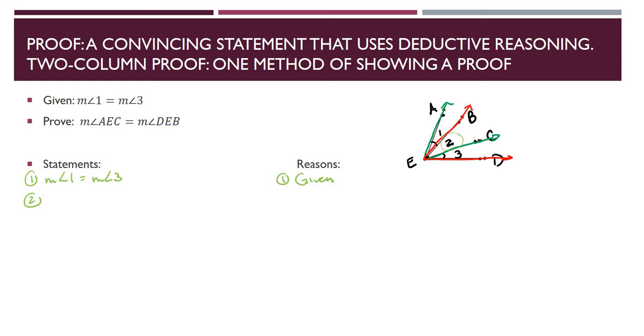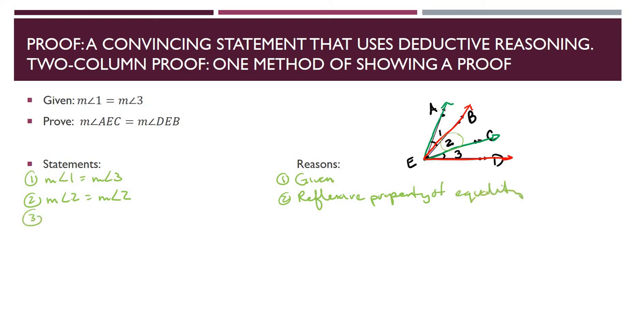So I'm adding 2 to both of those angles. I'm going to make use of that. So I'm going to say that the measure of angle 2 equals the measure of angle 2. And what's the reason for that? The reflexive property of equality.